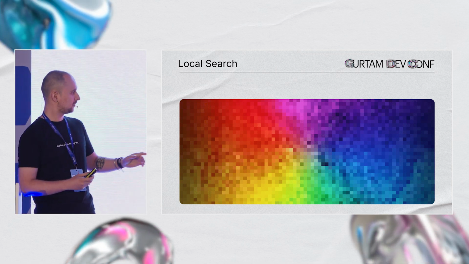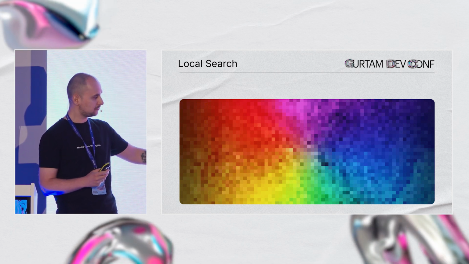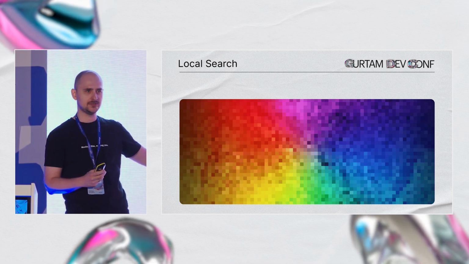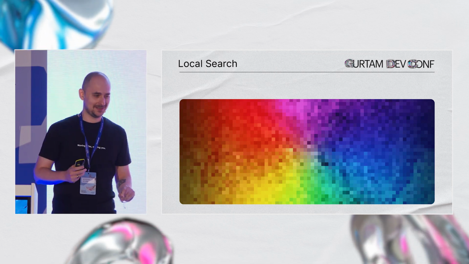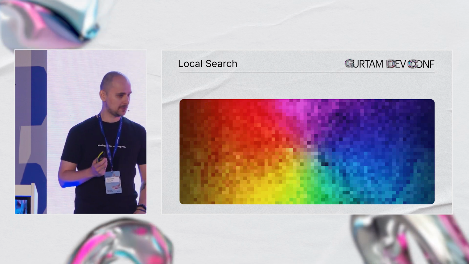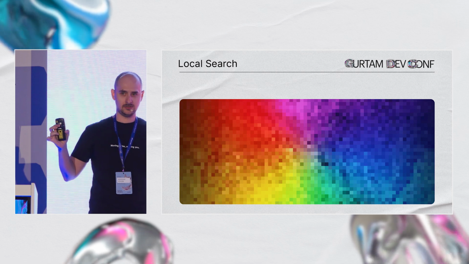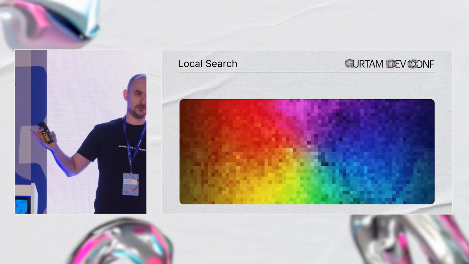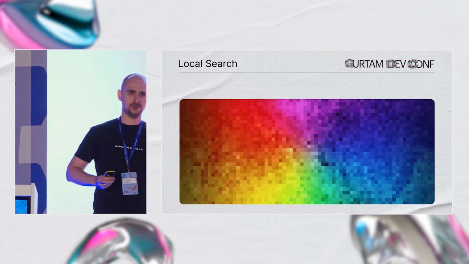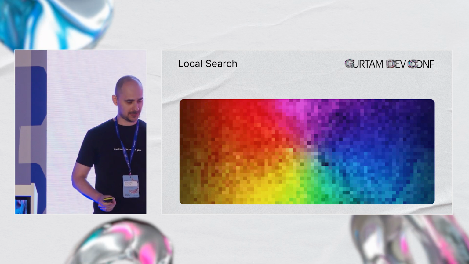Like in this picture, if we look at any green pixel and then look at neighboring pixels, they will also probably be green. And we can make a logic based on this. So we can imagine our whole solution space as an n-dimensional plane where our solution candidate is a dot and we can move over this plane.